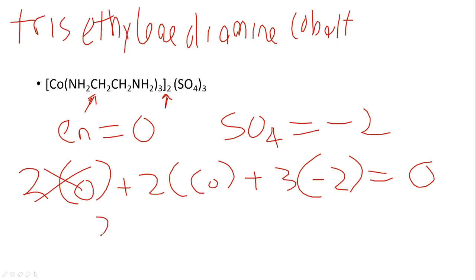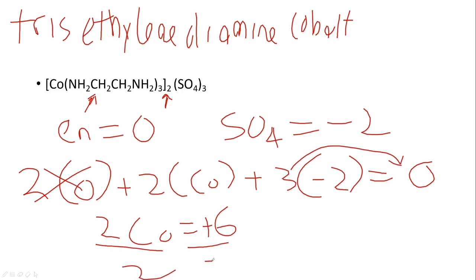So we have 2 cobalt is equal to, I'm taking this to the other side, so from the negative sign it turns to a positive sign, 6 plus, divide all by 2, then we find out that cobalt is in its +3 oxidation state.